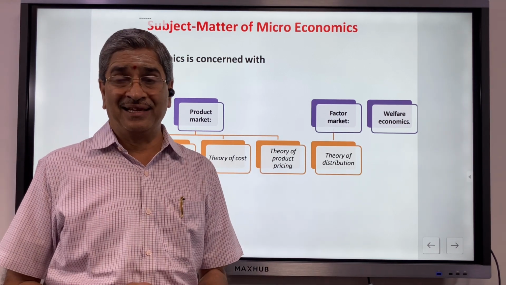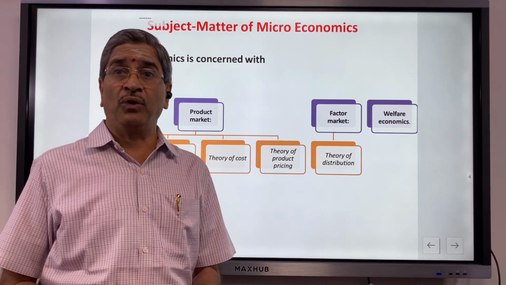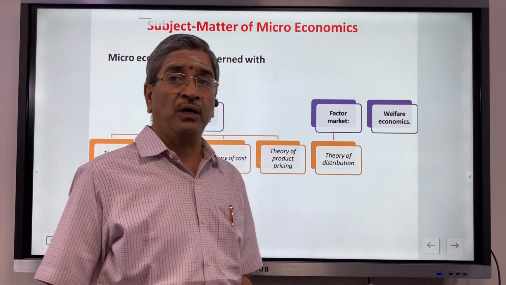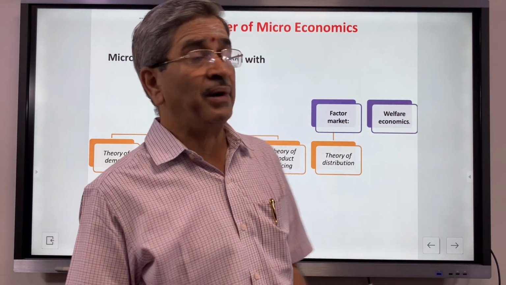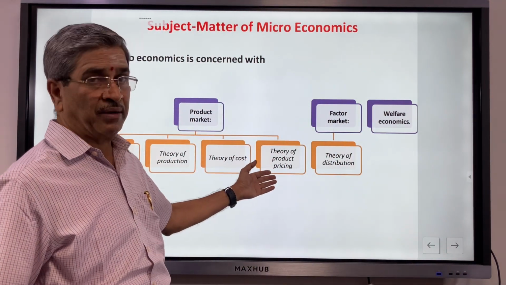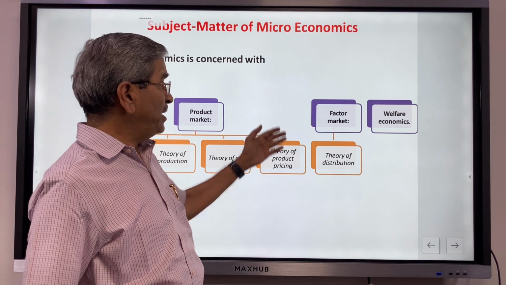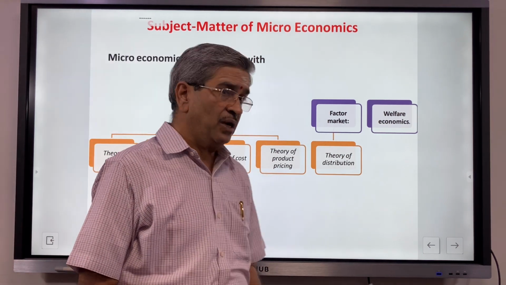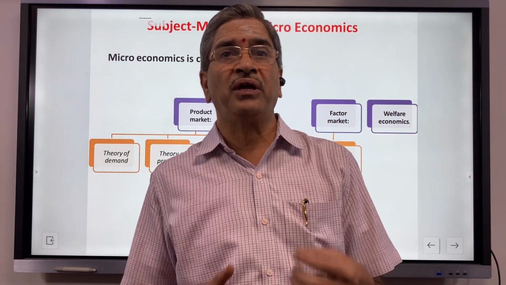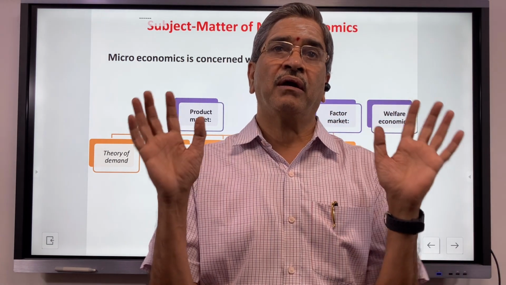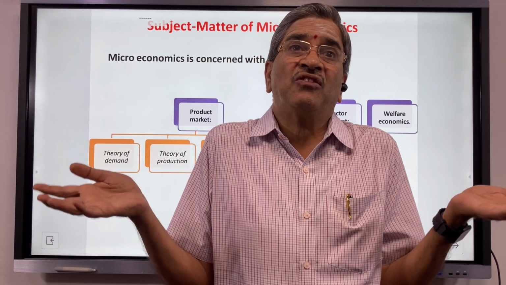That is the marketing side. But from the economics point of view also, we always look at cost plus pricing, marginal cost pricing, or markup pricing. Like that, you have different pricing systems. When it comes to the factor market, we look at the theory of distribution. When we talk about the theory of distribution, we are talking about the factors of production.